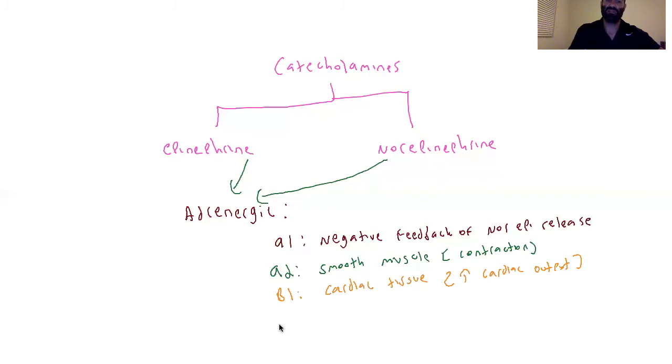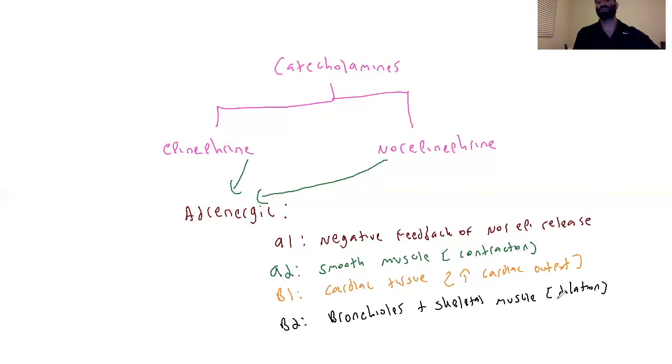And we also have beta 2, which is found on bronchioles. That's not how you spell bronchial. Bronchioles. And skeletal muscle. And it causes dilation, meaning that it's going to open up the airways, or it's going to open up the blood vessels in skeletal muscle, so more energy and nutrients can go to your muscles.